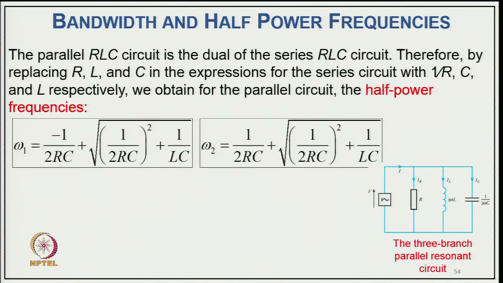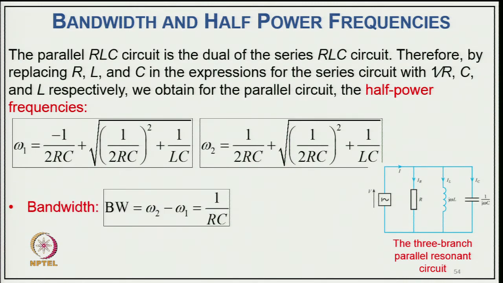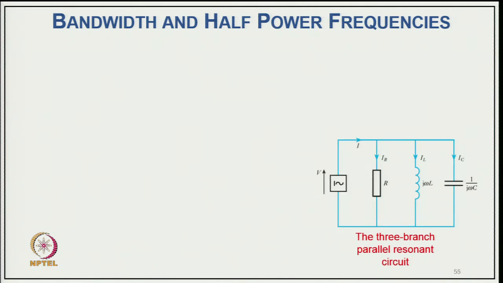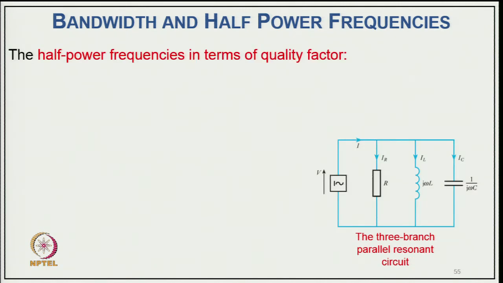The half power frequency omega 1 equal to minus 1 upon 2 R C plus under root (1 upon 2 R C) square plus 1 upon L C, and omega 2 equal to 1 upon 2 R C plus under root (1 upon 2 R C) square plus 1 upon L C. The bandwidth we can define as B W equal to omega 2 minus omega 1, and that is 1 upon R C. The relation between bandwidth and Q is Q equal to omega R upon bandwidth, or omega R R C, or R upon omega R L.